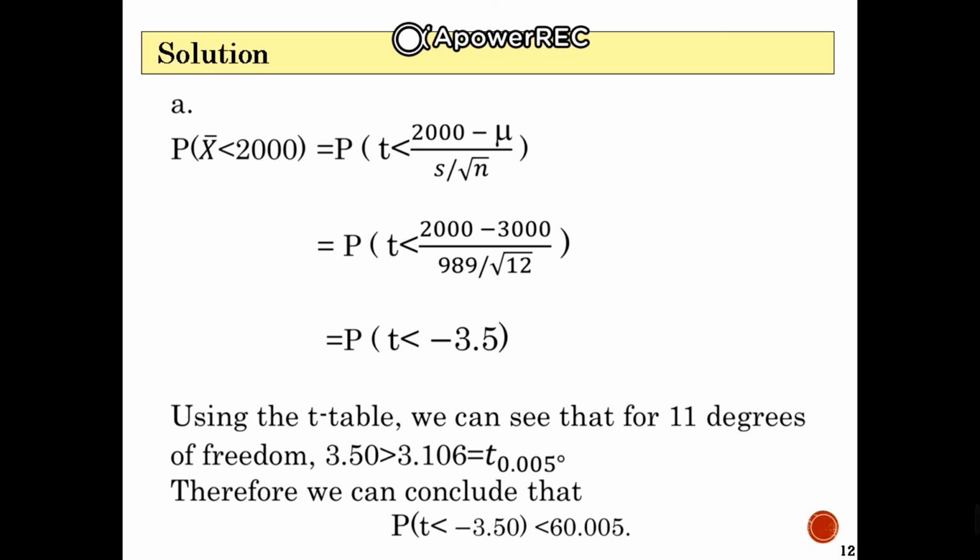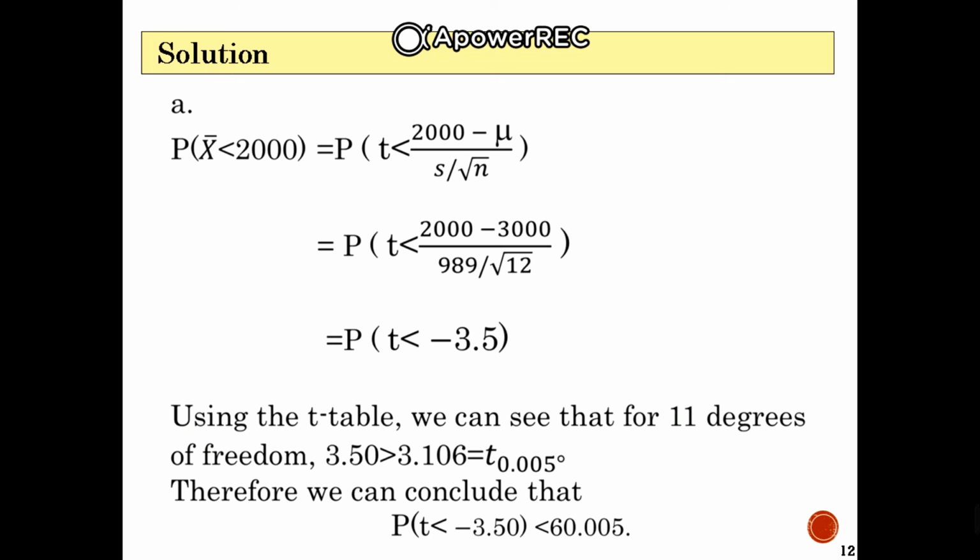Substituting the values, P of T less than 2000 minus 3000 over 989 divided by the square root of 12 will result in P of T less than negative 3.5.